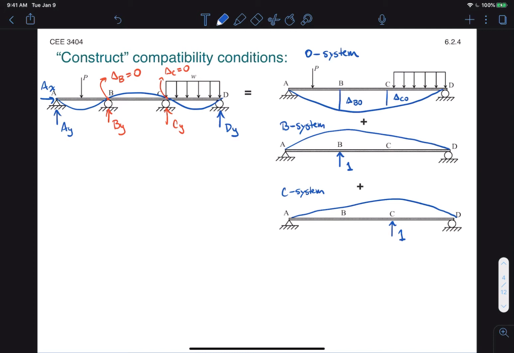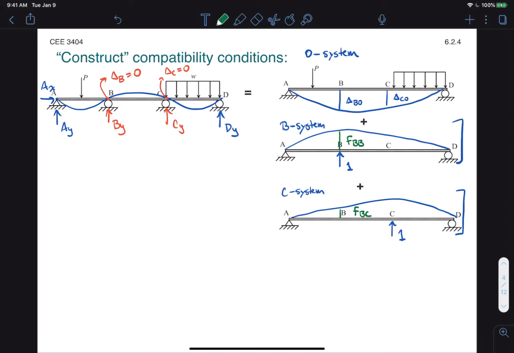So let's color code this so it becomes a little easier to follow. We'll call the displacement at B for the B system FBB, and we'll call the displacement at B for the C system FBC.